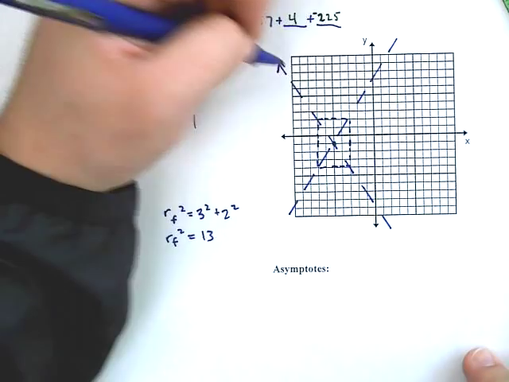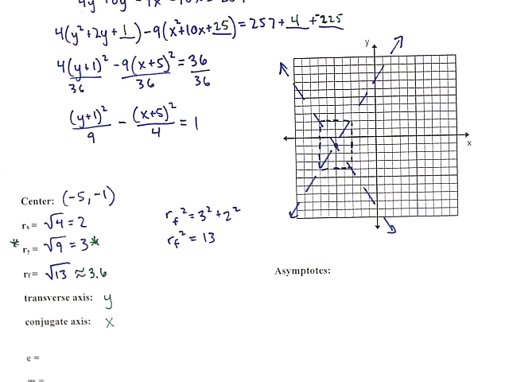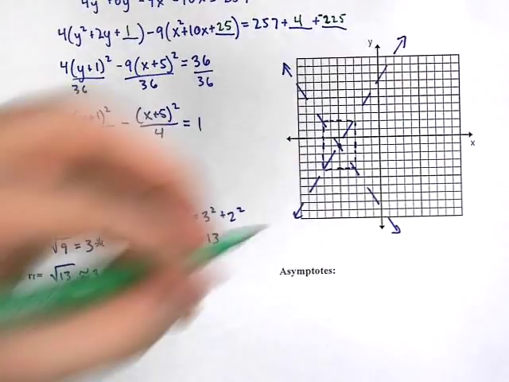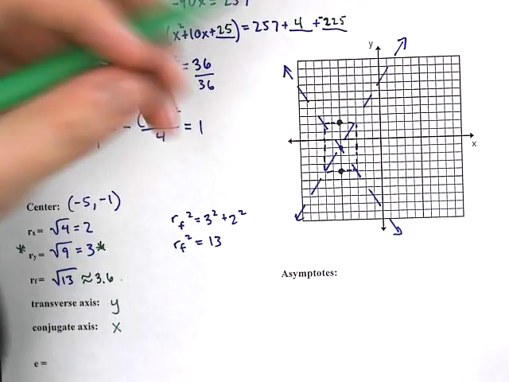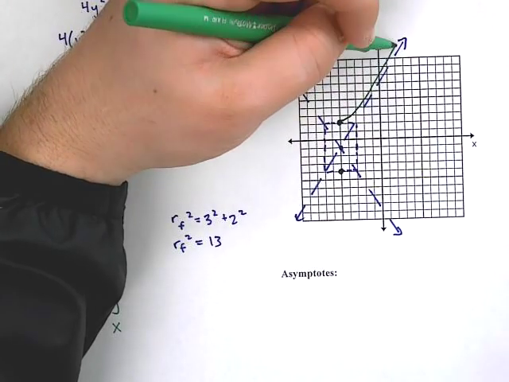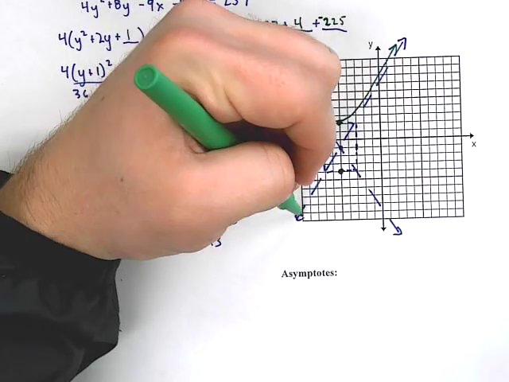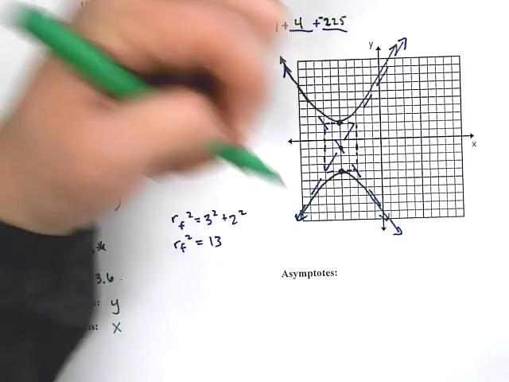Probably put some arrows so we know that they go on forever. We knew the transverse axis was y, so we could actually graph everything. We know that it's going to open up and down. So something like that, and like that. Ooh, got a little close there. It'll be alright. And something like that, and like that.